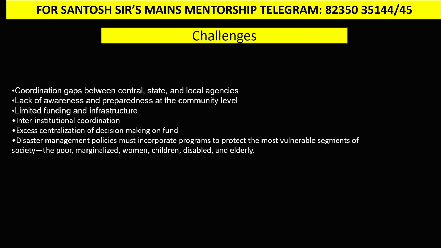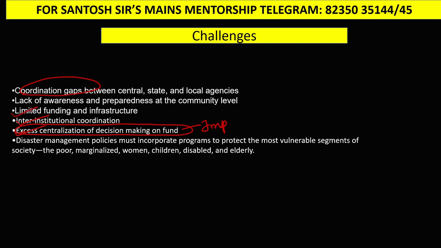So what are the criticisms? Coordination gaps are there because there are three levels: central, state, and local agencies. So there is a coordination gap. Next is excessive centralization of decision making about funds at the national level. This is very important. There is excessive centralization as far as funds are concerned. Then there is an interinstitutional coordination problem. There are so many institutions which are included in disaster management.